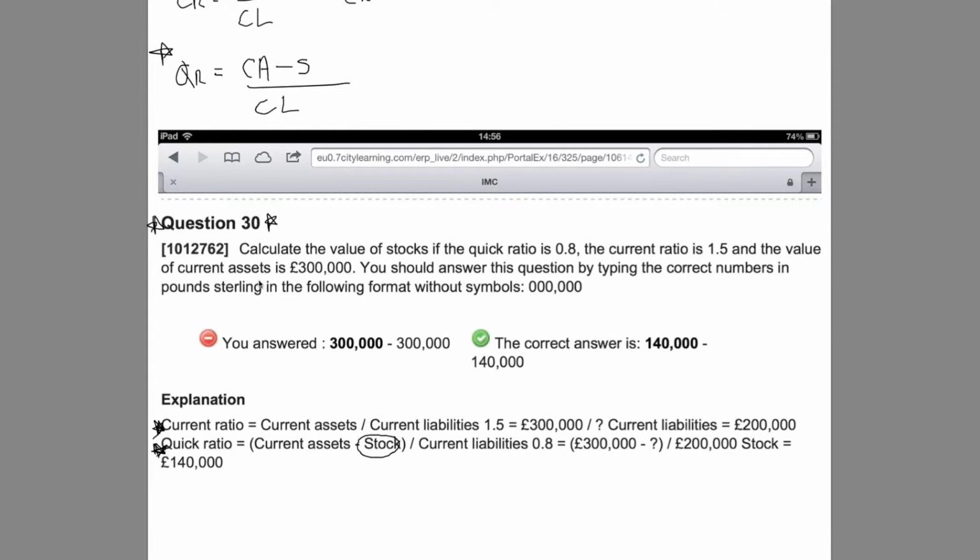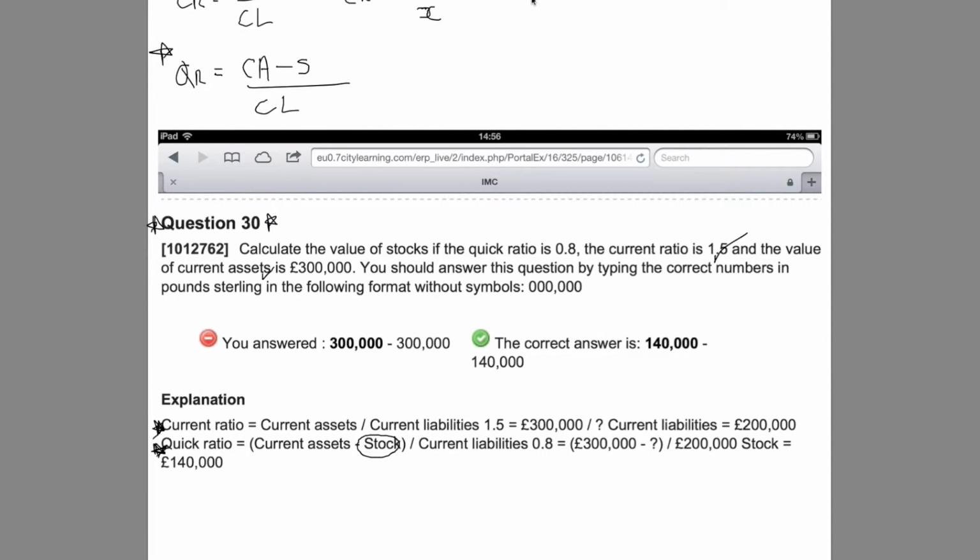So we have the current assets, which is 300,000, and we have a current ratio, which is 1.5. So actually what we're looking for in this particular circumstance is the current liabilities, and we know that if we have a look at the formula, 300,000 divided by x is going to equal 1.5.